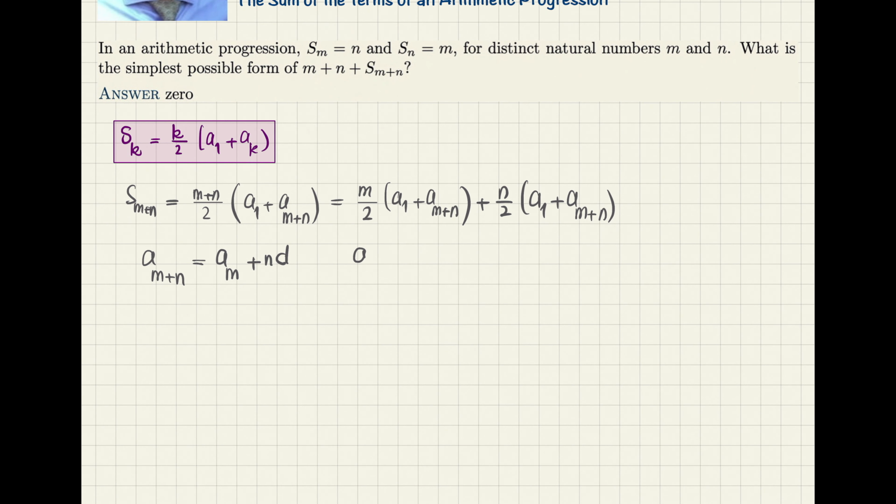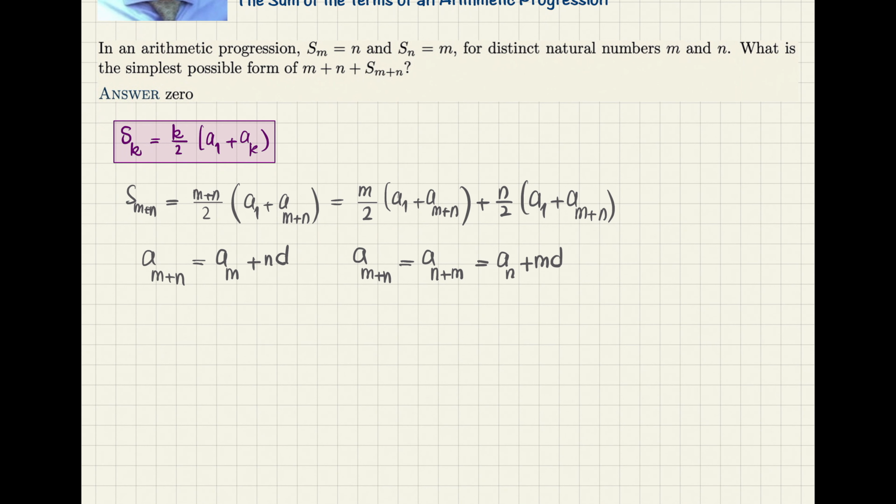On the other hand, a sub m plus n can be interpreted as exactly the same thing, because m plus n and n plus m are the same. So here I can consider the same expression as m terms after the nth term, which means that this, on the other hand, can be written as a sub n plus m times d. Now I will take this one and put it here, and I will take this one and put it here. They are the same thing.